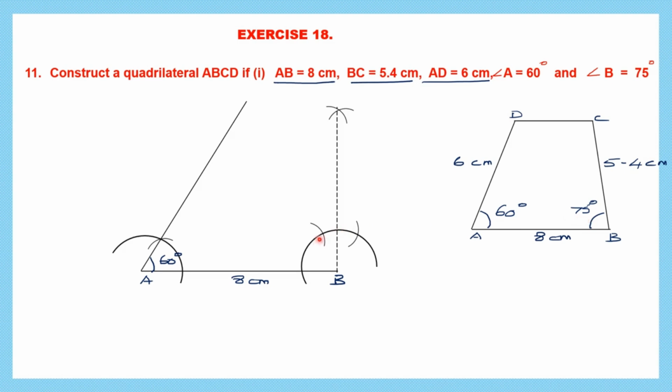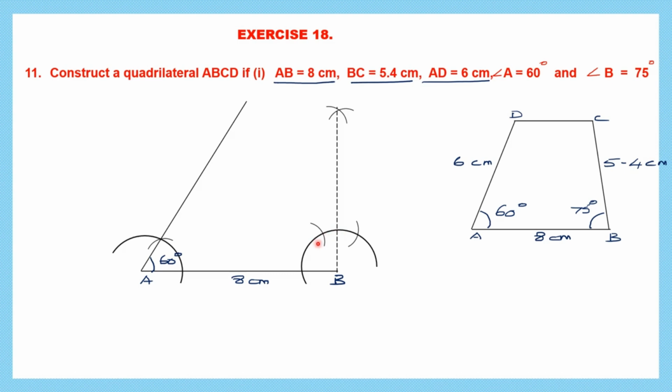Now what we're going to do is 60 and 90, the angle difference there is 30 degrees. So if we bisect that, we get 15. So if we get 15 degrees, then we can add it up to the 60 degrees. 60 plus 15 will make it 75. So we are going to bisect this angle difference here, 30 degrees between 60 and 90.